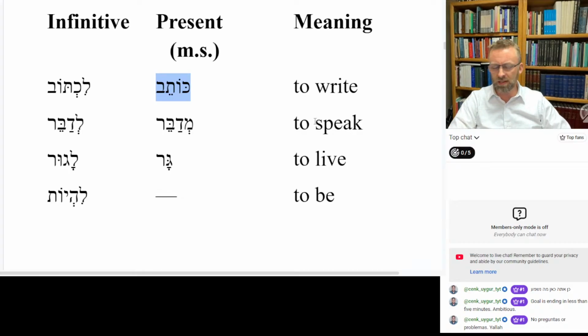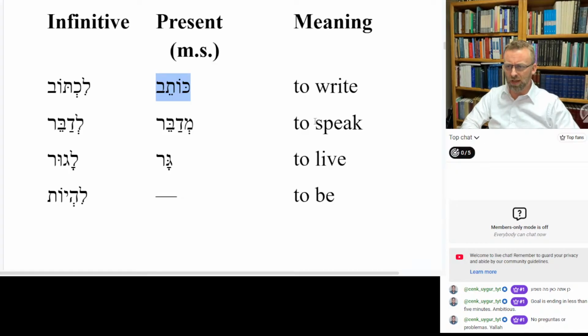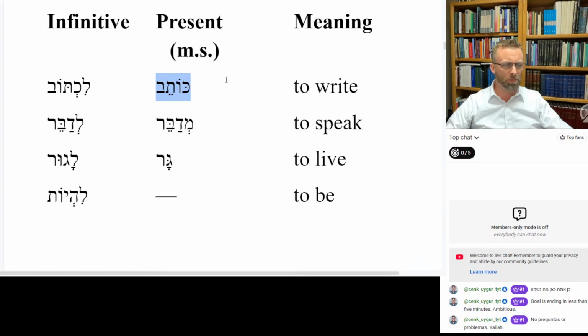That's going to be the simplest form, kotev. Notice the vowel pattern here, an O-E vowel pattern, kotev. So lichtov, to write; kotev, writing.